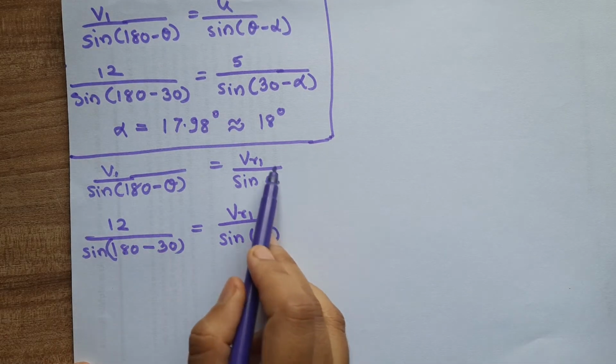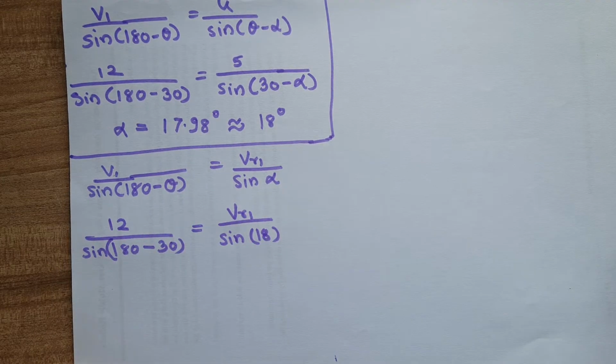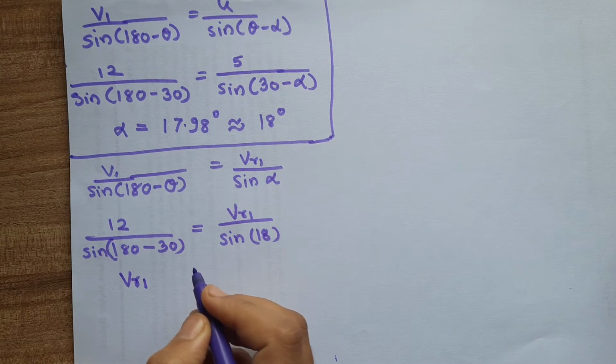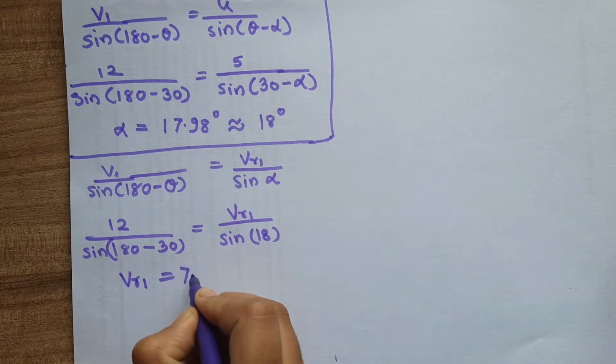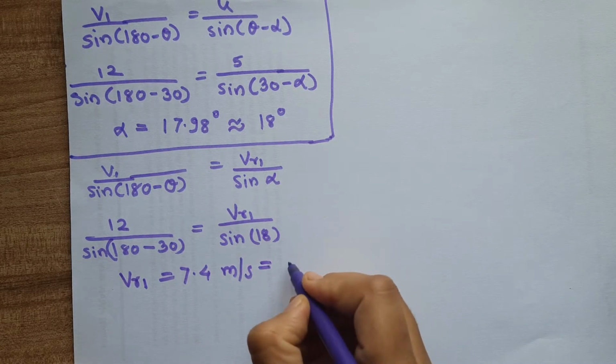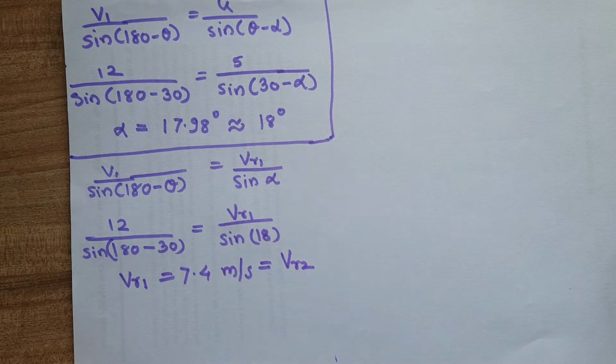So let's write the equation once again and put all the values. From here we will get VR1 equal to 7.4 meters per second, which is also equal to VR2, by the condition given that the plate is smooth.